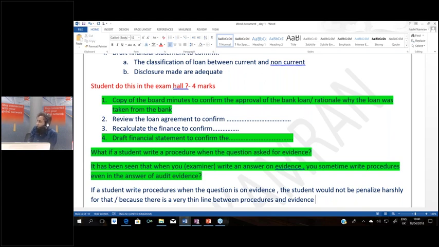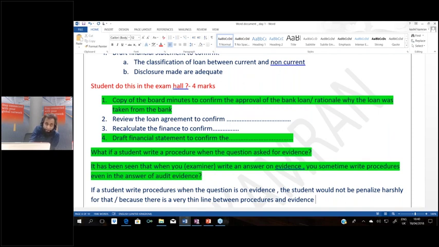No, it's not strange. Obviously it's not strange, because this is a confusion, right? When you see the examiner answer, the examiner sometimes writes evidence and all of a sudden gets to procedure. And all of a sudden the examiner writes procedure and gets to evidence. And the student comes and asks, why is the examiner writing a procedure in a question on evidence?